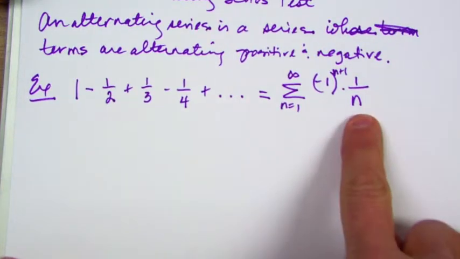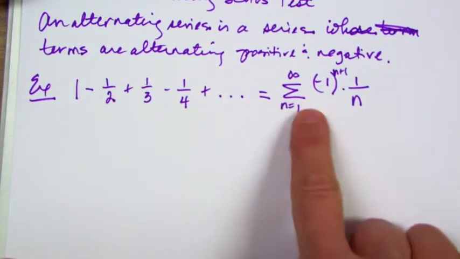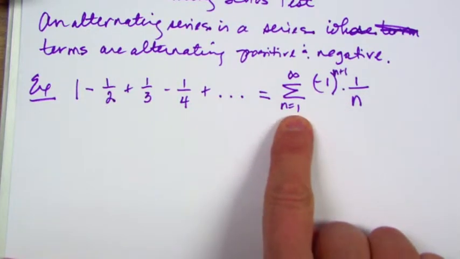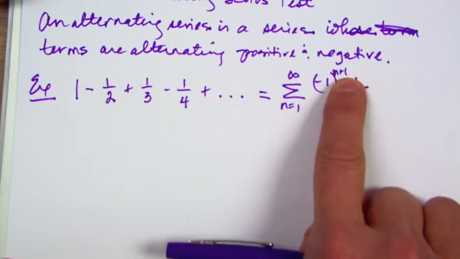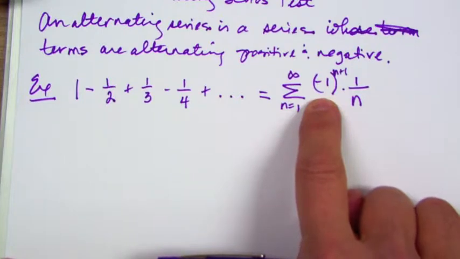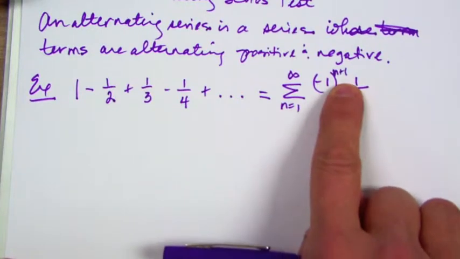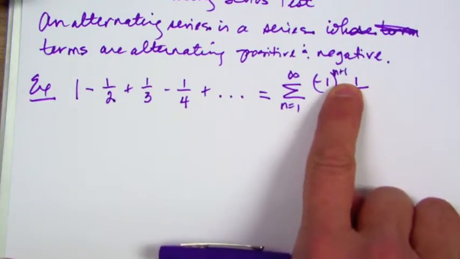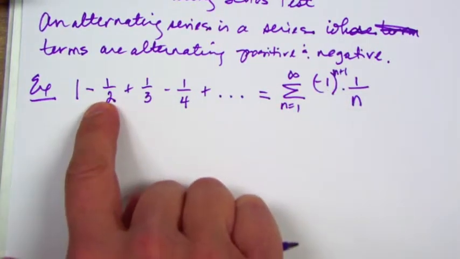Right, because the n right here is just these terms. And then the negative 1, if I plug in 1 right there, this power is even, so this becomes positive. If I plug in 2, that power's odd, so it's negative, right?